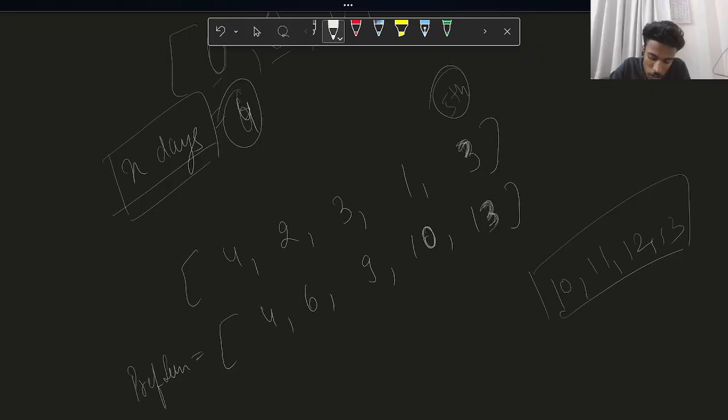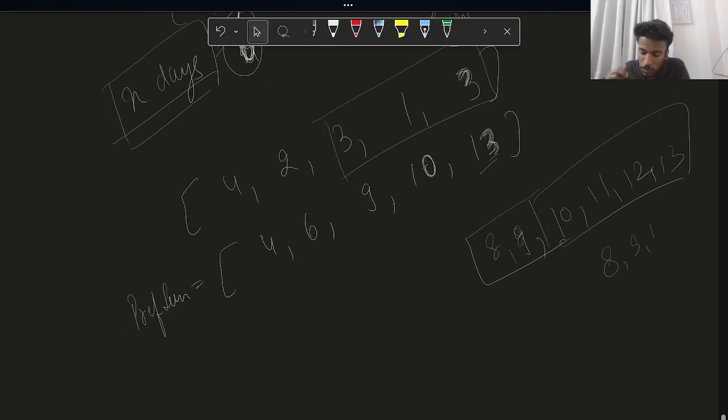Suppose it was 6 days and you want to leave on day 13: 8, 9, 10, 11, 12, 13 is 6 days, so 13 minus 6 plus 1, you should visit on day 8. Where does day 8 lie? It lies from this month to this month. That is why we are calculating the prefix sum array.